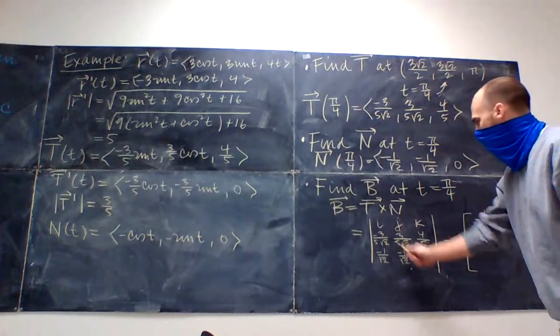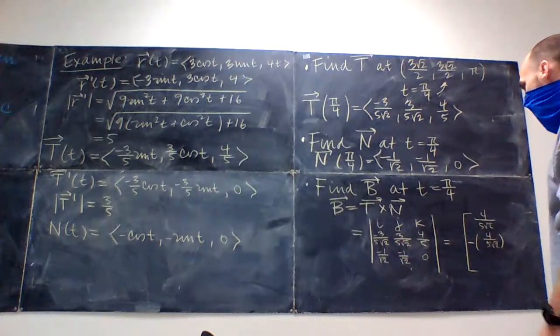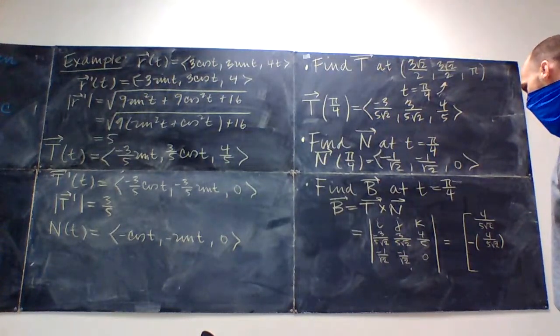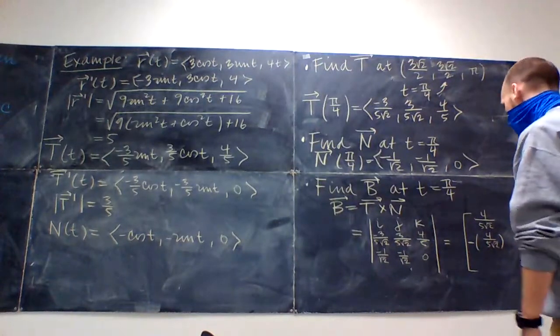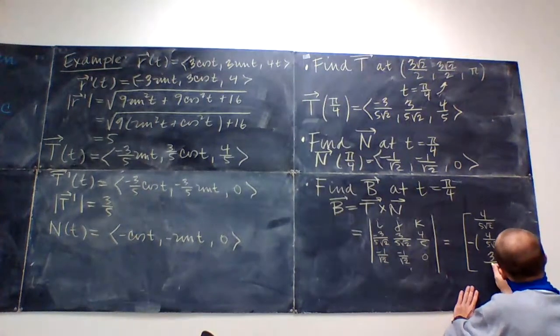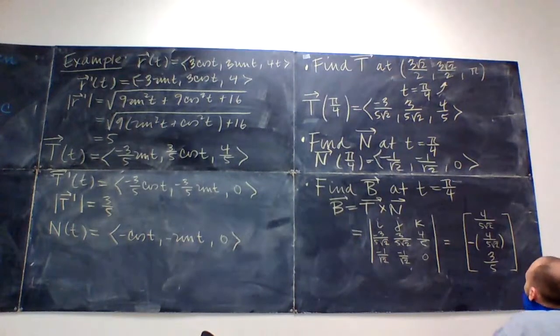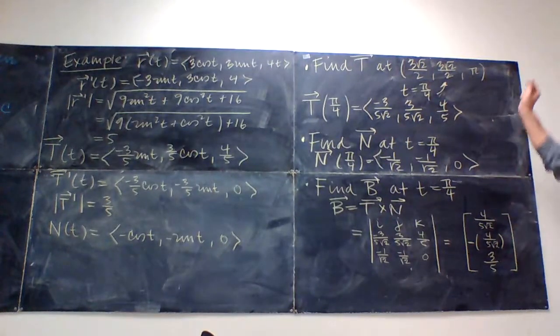So it would be positive minus a negative. So it would be double whatever I get when I multiply these together. So I've got 3 over 10, so it would be 3 over 5. I'm going to just double check that real quick. So I've got 3 over 10 minus negative 3 over 10, which would be 3 over 5. All right, and sure enough, this is going to be orthogonal to this one, and it will be orthogonal to the tangent vector. So that feels right.